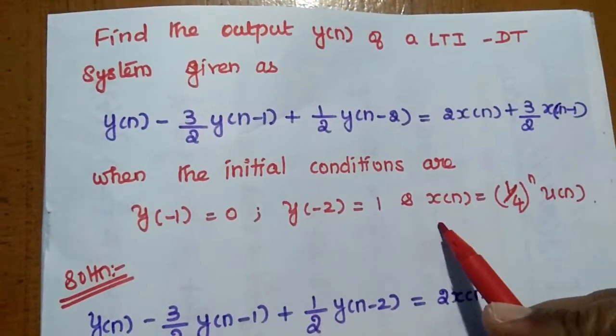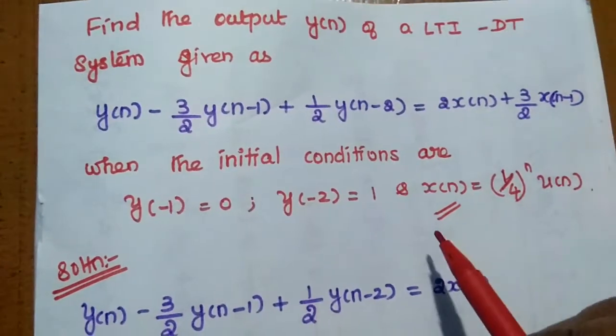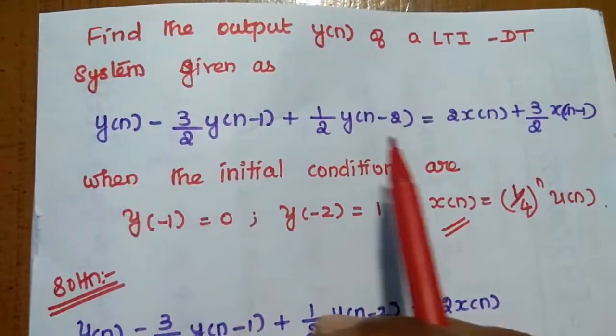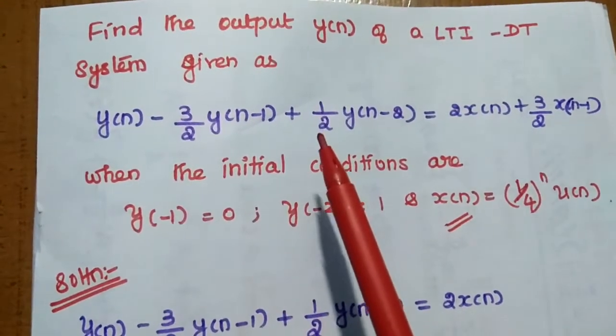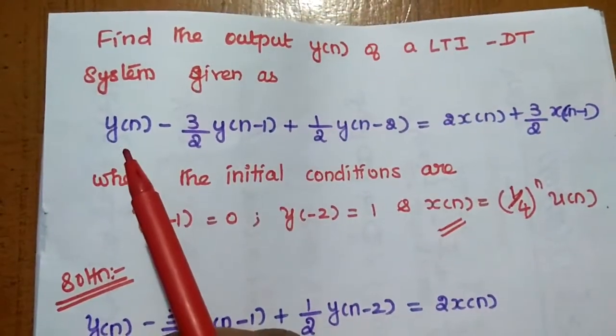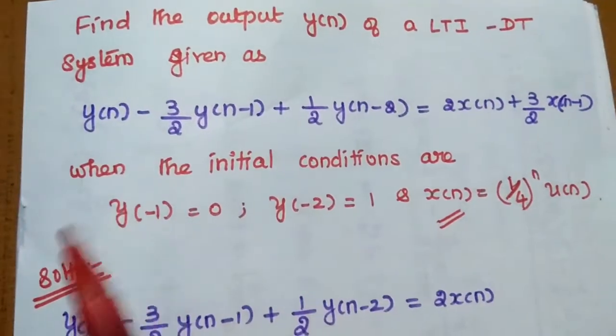So x of n is nothing but the input signal. This is the given difference equation, and from it we are going to find the actual output y of n alone.